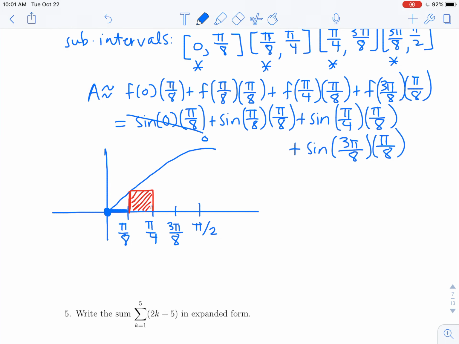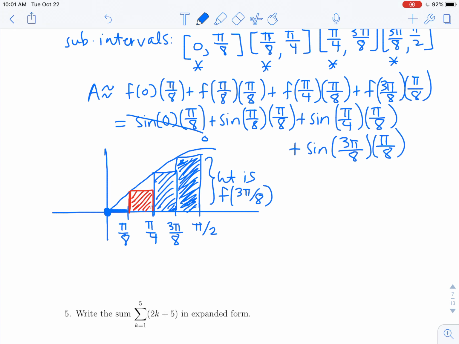For the next one, we used pi over 4 to get our height. And for the last one, we used 3 pi over 8 to get our height. So the height here is f of 3 pi over 8, for example.